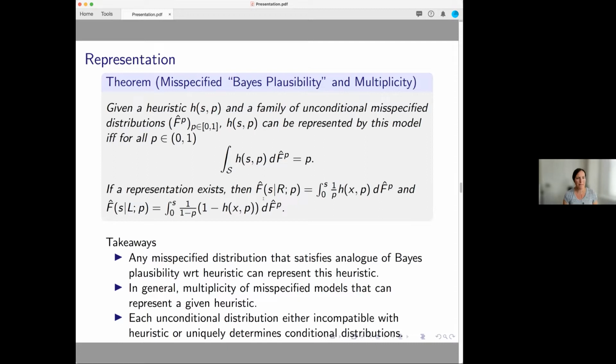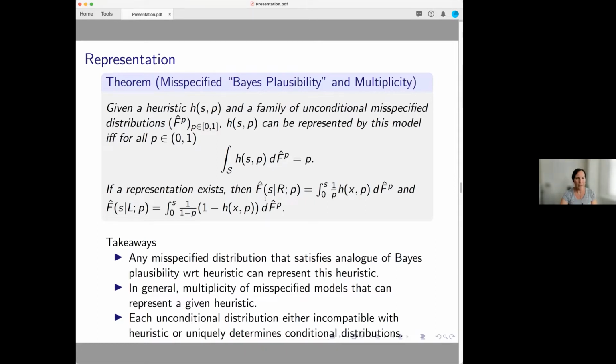We could start with, say, a conditional distribution in state R, and this is going to fully pin down the conditional distribution in state L and the unconditional distribution that could represent a given heuristic, and vice versa. So each unconditional distribution is either going to be incompatible with the heuristic, because it doesn't satisfy Bayes' plausibility, or it's going to uniquely determine the entire model.